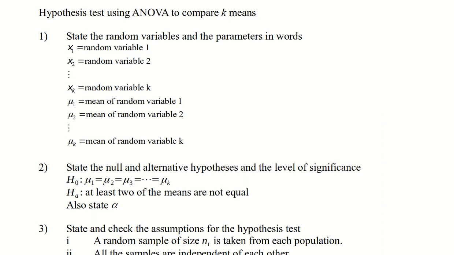So here they are, x1 through x sub k, and the population means. The null hypothesis is that the population means are all equal. The alternative hypothesis is that at least two of them are not equal. This test will not tell us which two, or if there are more than two. It will only tell us that with the level of significance that we've chosen, these means differ statistically.